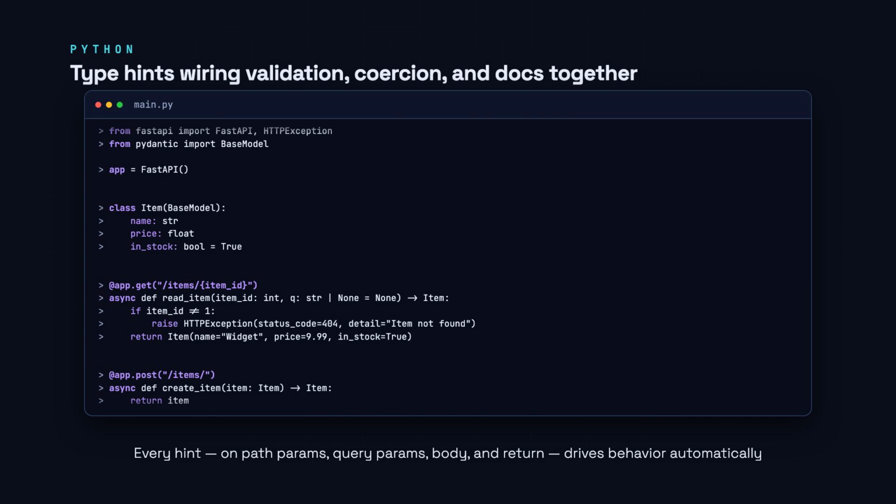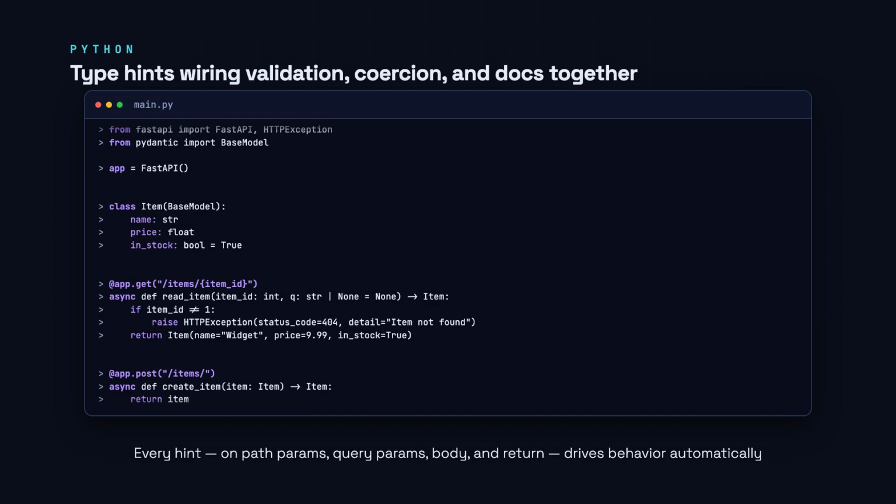The return type annotation, Item, lets FastAPI serialize and validate the outgoing response. In create_item, annotating the item parameter with the Pydantic model type tells FastAPI to pass the entire JSON request body into that model, validating every field. All of this validation, coercion, and the OpenAPI schema at /docs comes from those annotations alone.